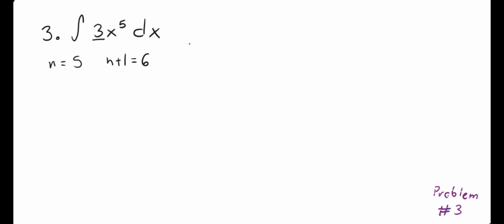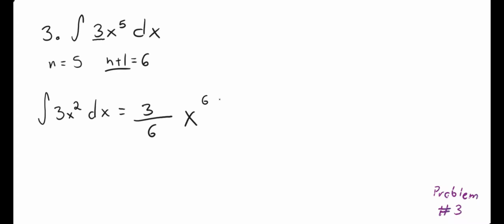And don't forget, when we do an integral, we're going to add our constant as well. So that means when we do the integral of 3x to the power of 5 dx, we're going to get 3 over 6 x to the power of 6 plus C.